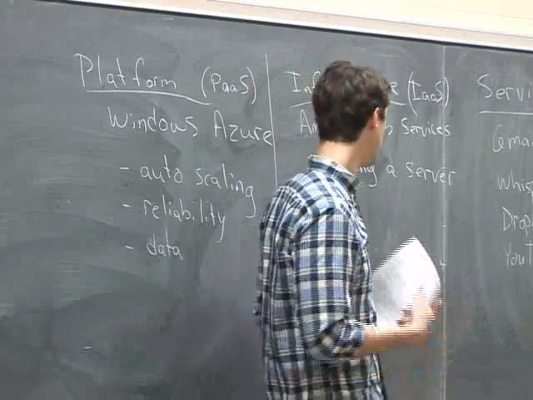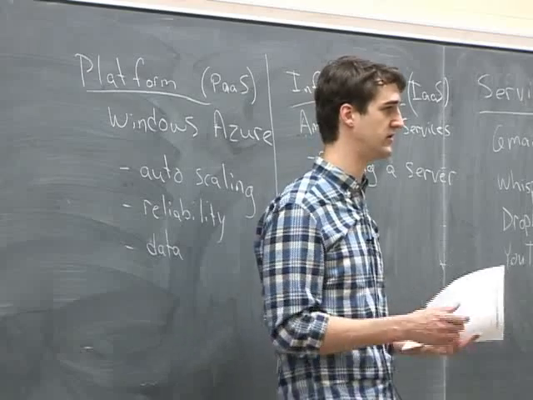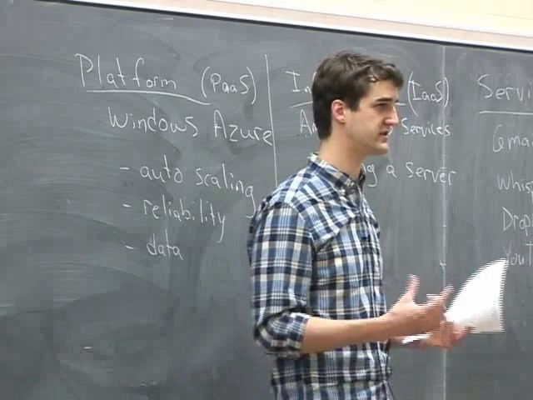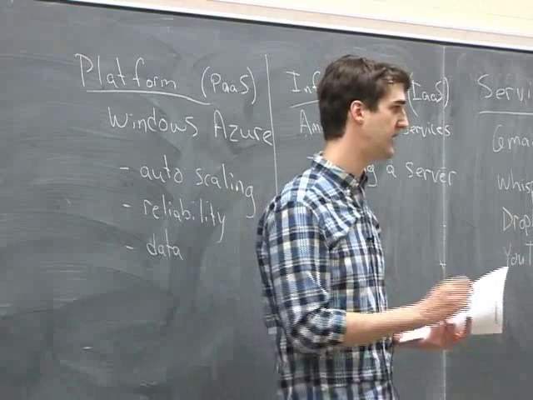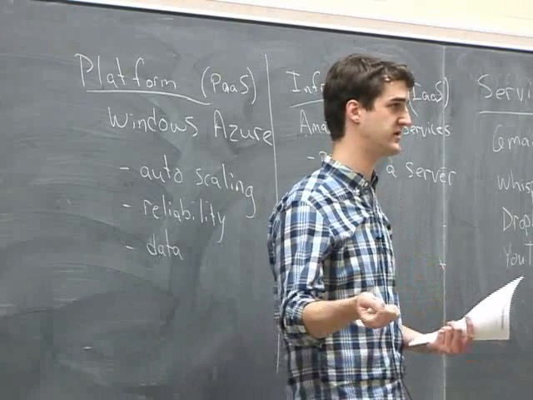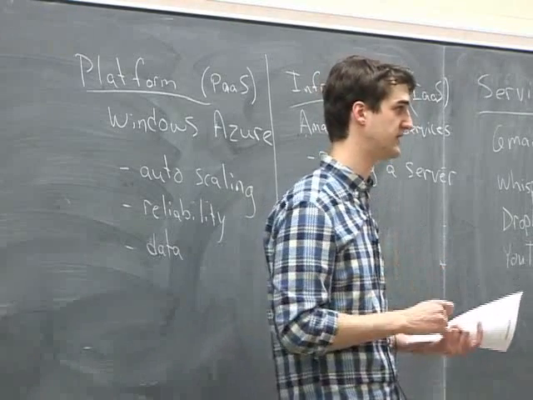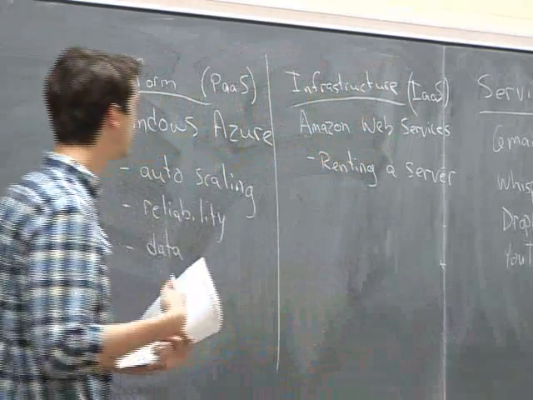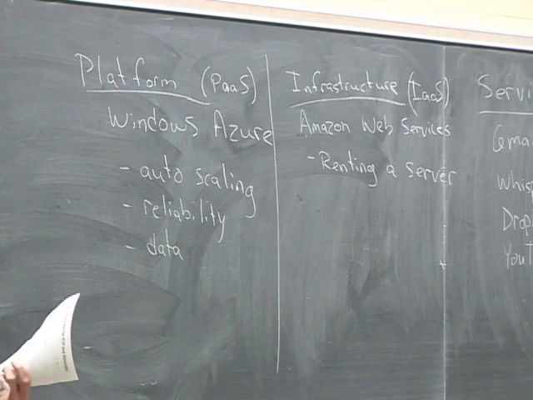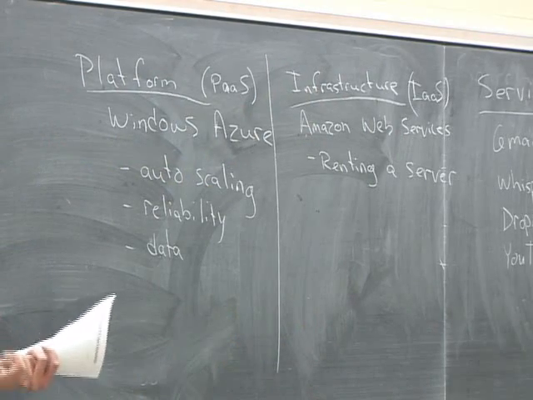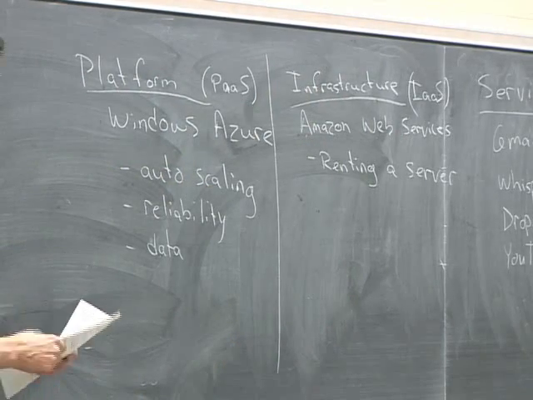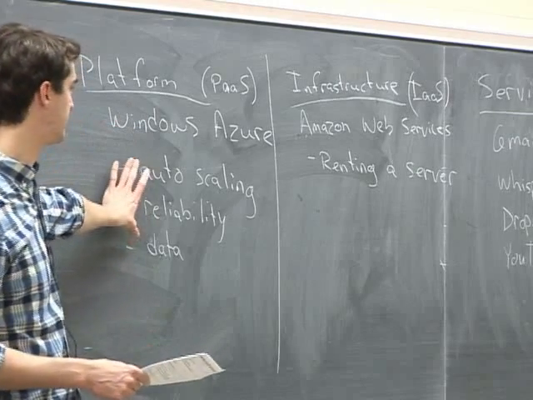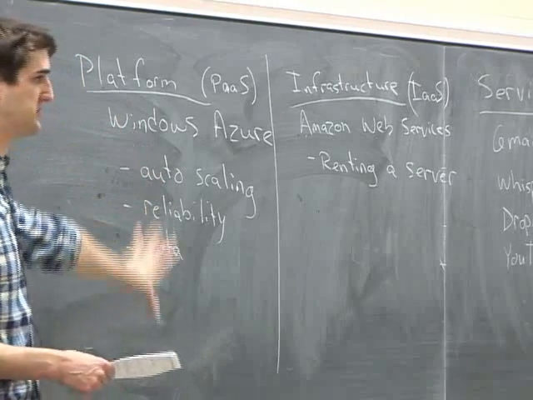It is possible, but in your code you have to say, I noticed this is getting congested, so I want to go to Amazon, ask them for another server, and then launch my application on there. It makes it much more work for you as a programmer because you only have the raw server. You don't have the nice things that platforms provide.